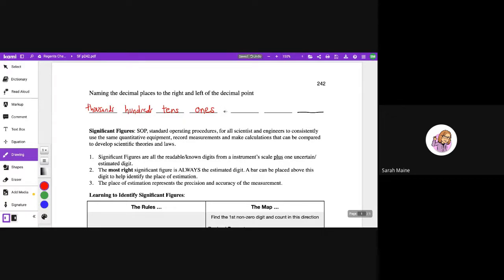Now, back to the decimal point. Moving to the right of the decimal, okay, the first decimal position to the right of the decimal, it is the tenths with a TH. Continuing one more position to the right would be the hundredths. And then we'll just go one more position to the right is the thousandths.